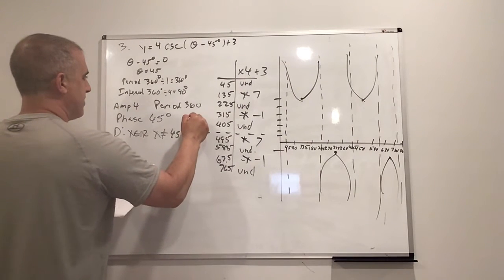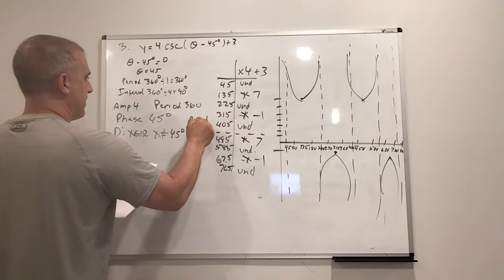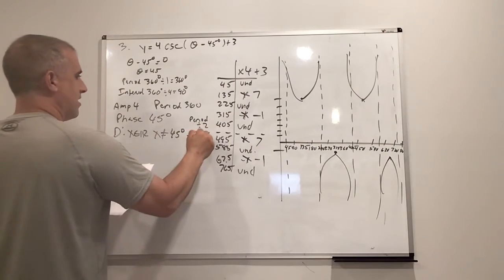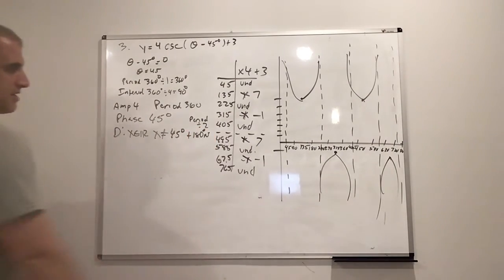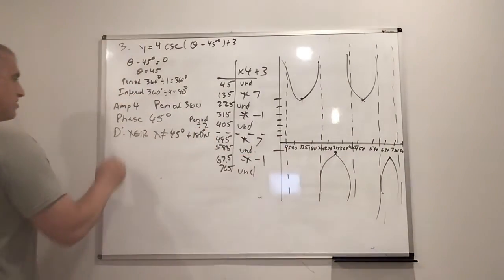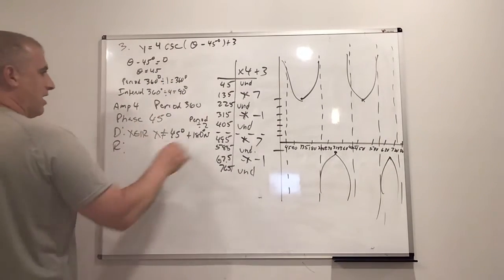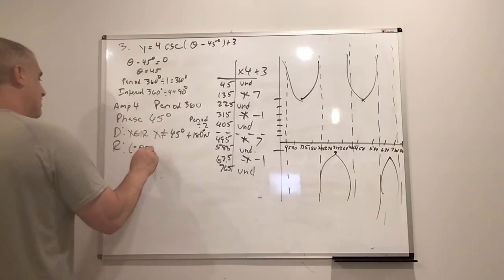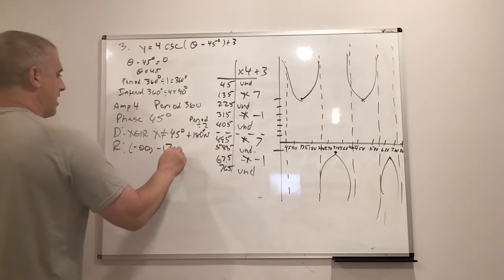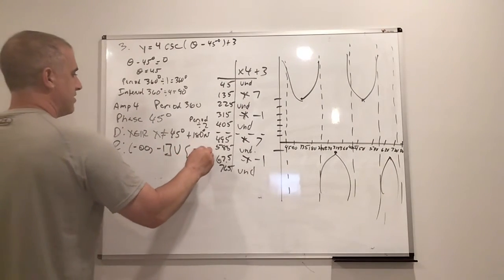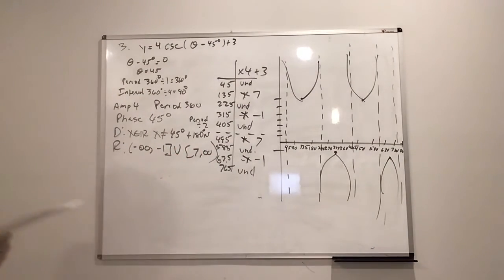And then I'm going to take my period and divide it by 2. So 360 divided by 2 would be 180 degrees with an n there. That's because if you total that up, you get 225. My range goes below negative 1. So negative infinity to negative 1, and it's a union with 7 to infinity because it goes above 7.